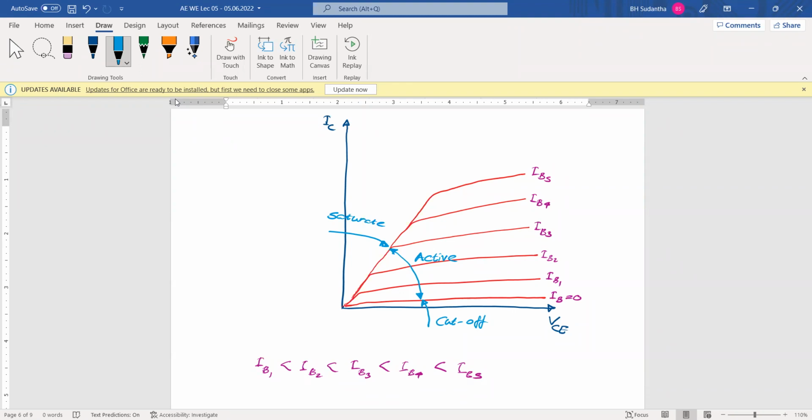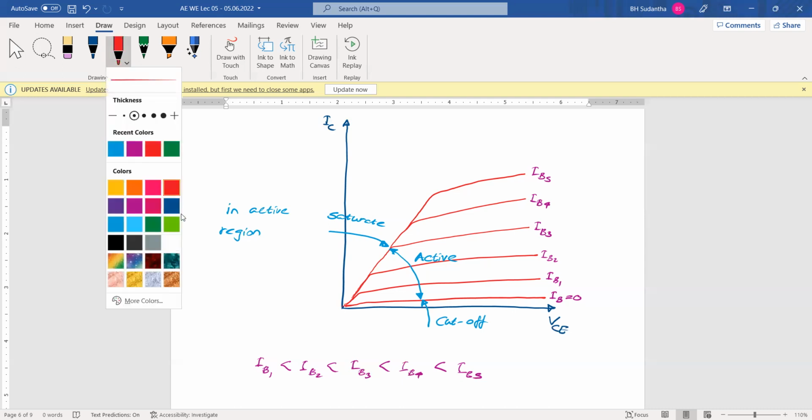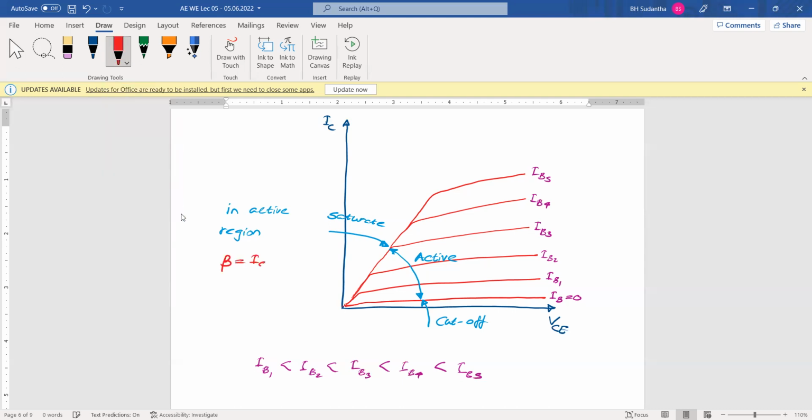Okay. In this linear region only we can operate this transistor. In this linear region only, it obeys this relationship: beta equals IC over IB.